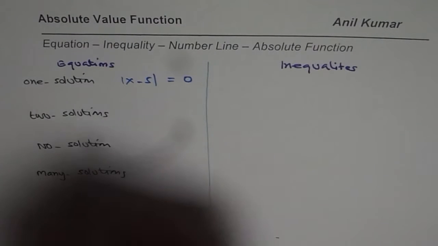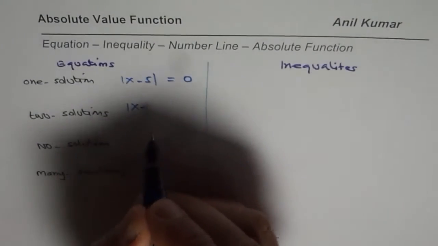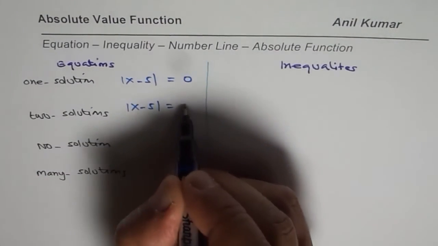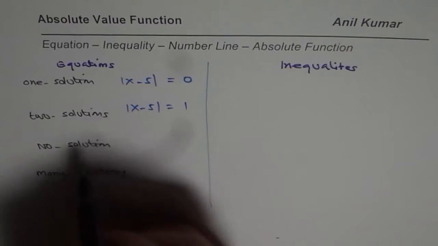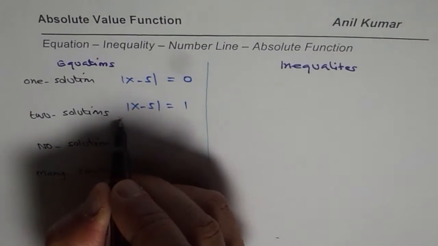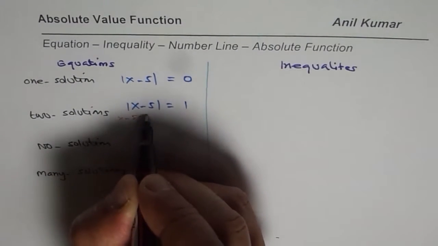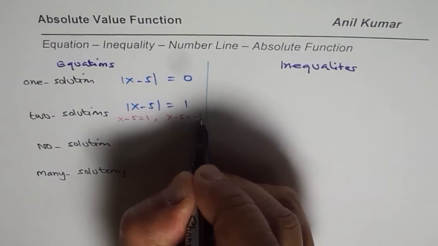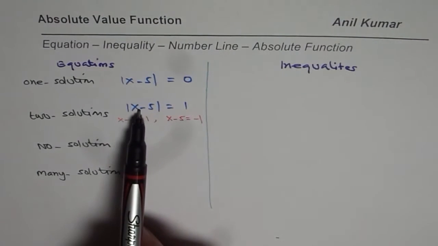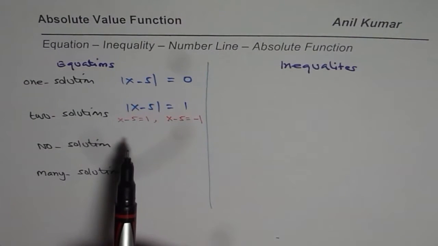Now, if I write absolute x minus 5 equals, let us say, a number 1, in that case we will get two solutions. The reason is that we'll actually solve for two equations. One will be x minus 5 equals 1, and the other will be x minus 5 equals minus 1, since the absolute value of minus 1 is also 1, right?